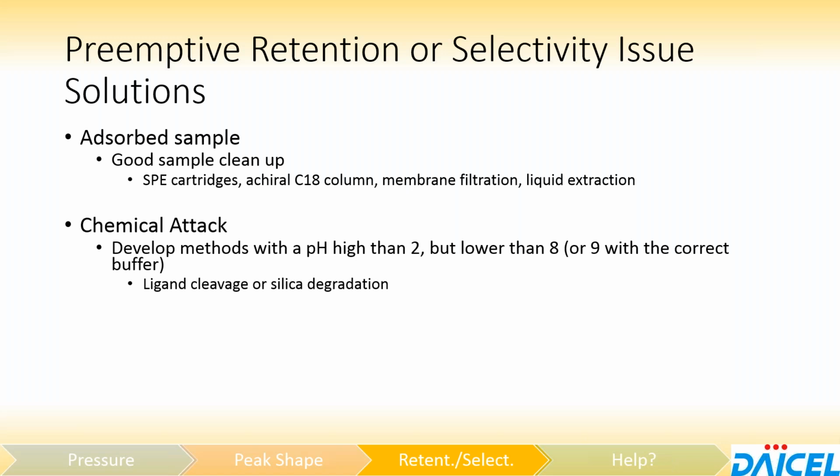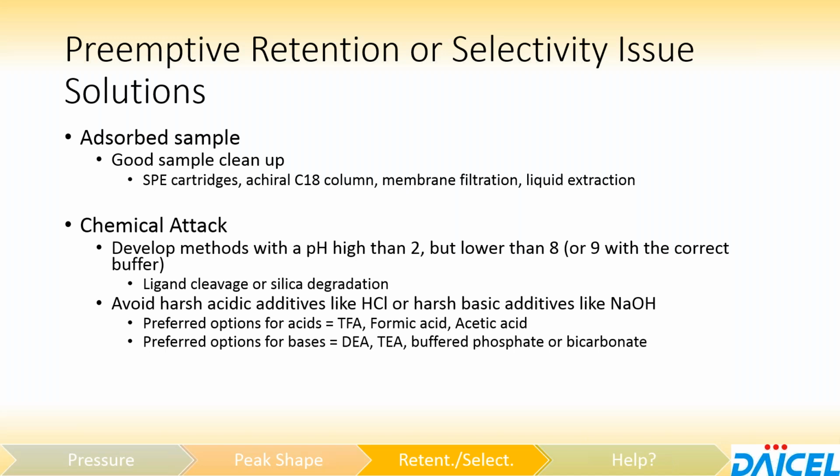This is the same for achiral stationary phases as it is with our chiral columns. You can actually begin to cleave the polymer off of the surface of the silica gel. And if your pH is too high, so higher than 8 or 9, the conditions will actually begin to degrade the silica. And that is, again, the same for achiral or other chiral chromatography columns as it is with ours.